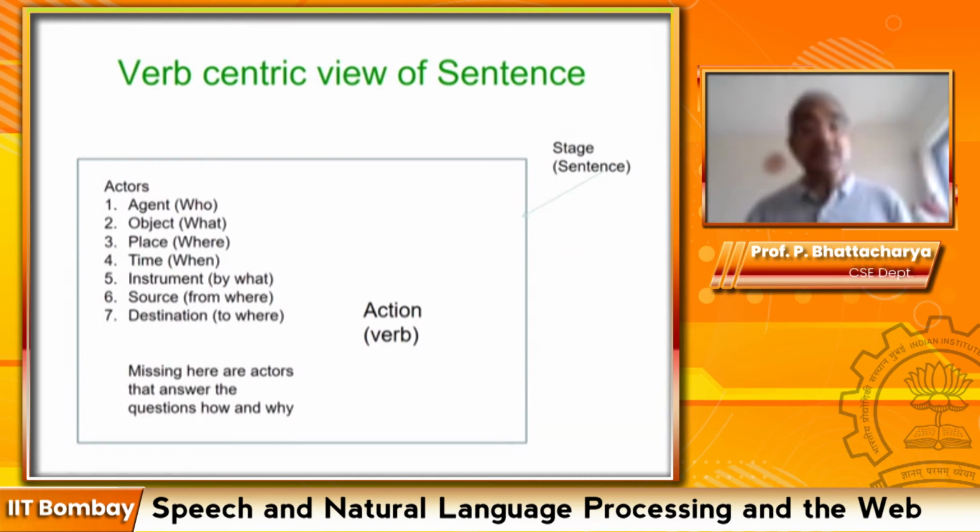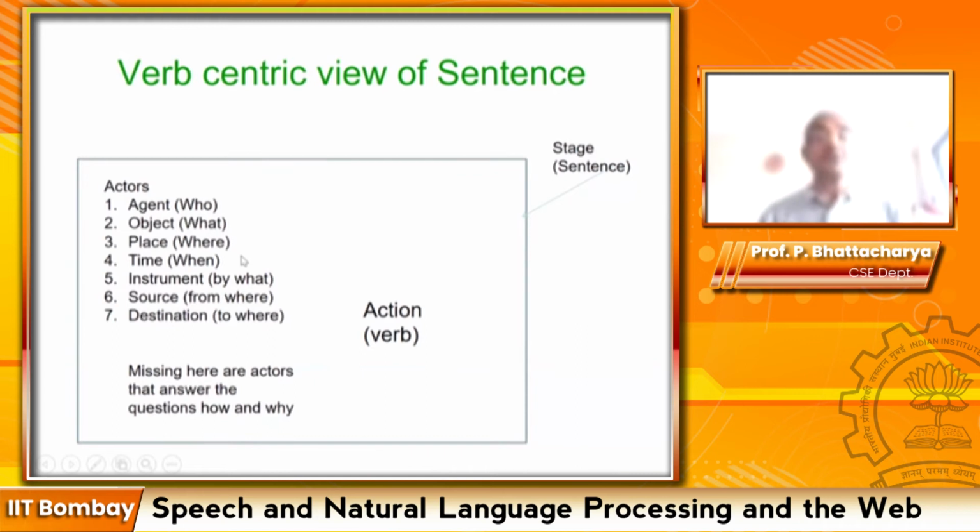All these are relationships of the verb with the nouns. Let me just verify that you are seeing the verb-centric view of the sentence. Can somebody verify? Yes, sir. Okay, so this is very fundamental to our understanding of the world through language.